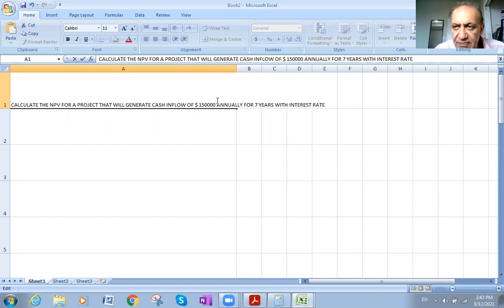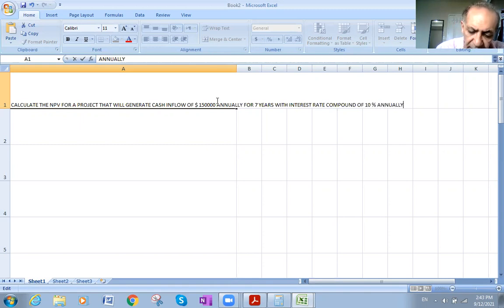The interest rate here, of course, is a compound interest rate, compound of 10% annually. So this is the example which I want you to go through now.